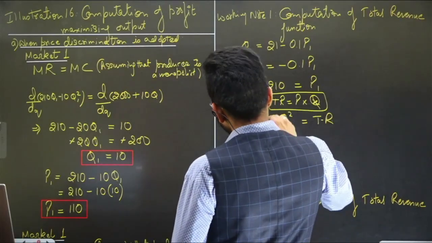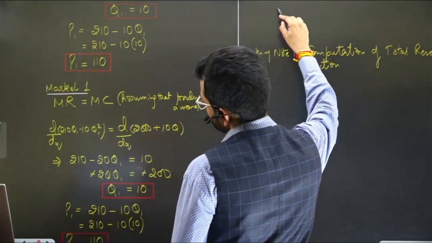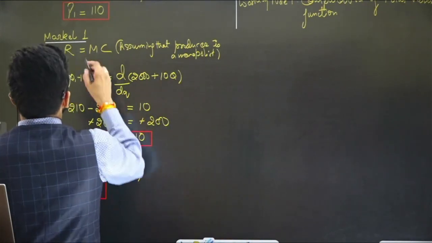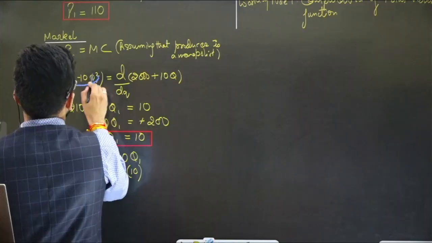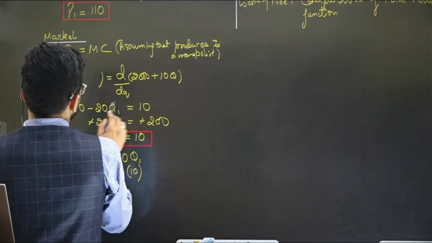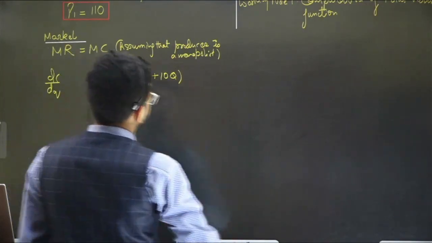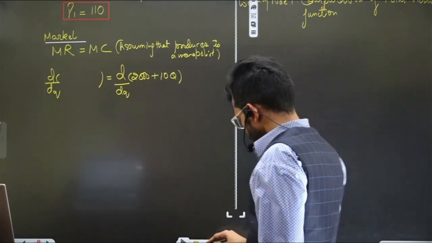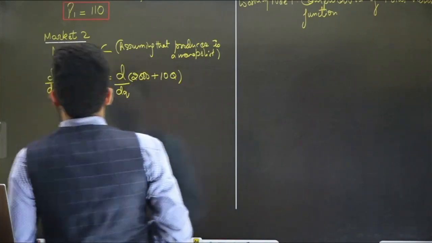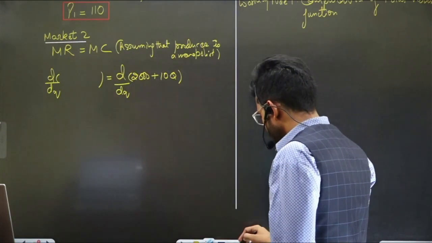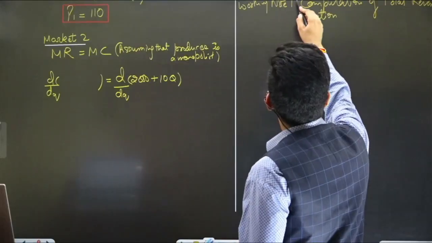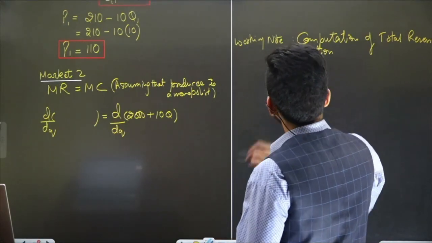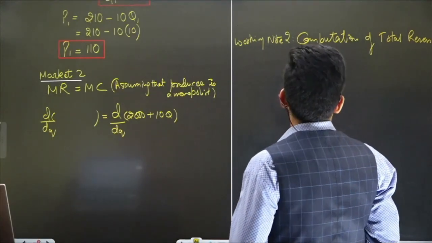The revenue function will change entirely. Now we come to market 2. Again, in market 2, we are equating marginal revenue with marginal cost. We need to first compute the revenue figure. So working note number 2, computation of total revenue function.